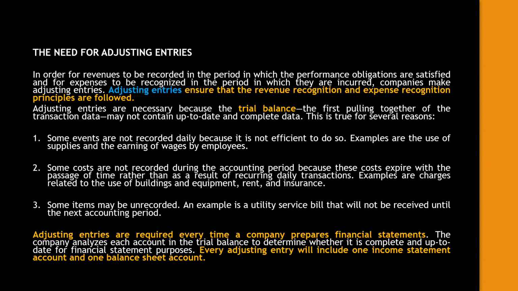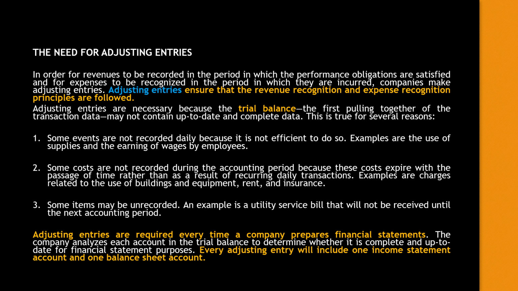Sometimes items may not be recorded at all, like utility service bills, which will not be received until the next accounting period. Right, so those are some reasons why we need to do adjustment entries.